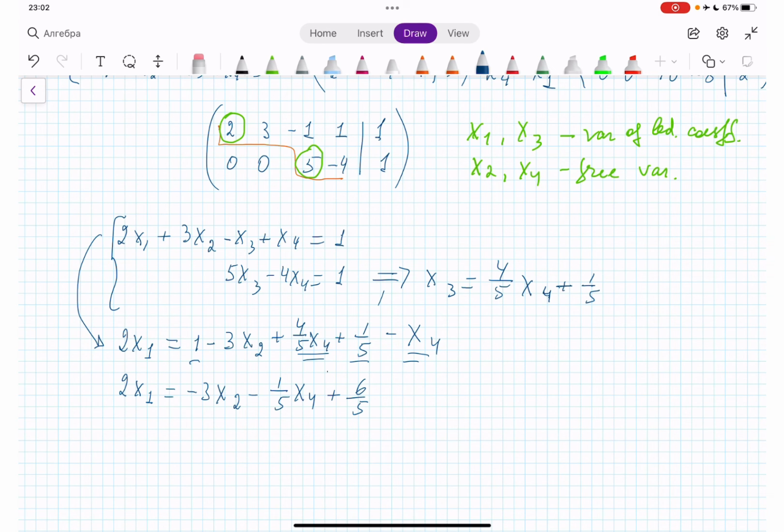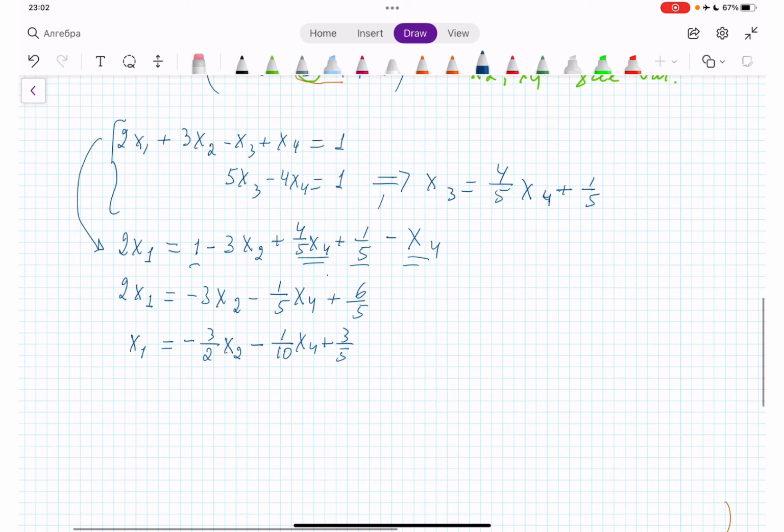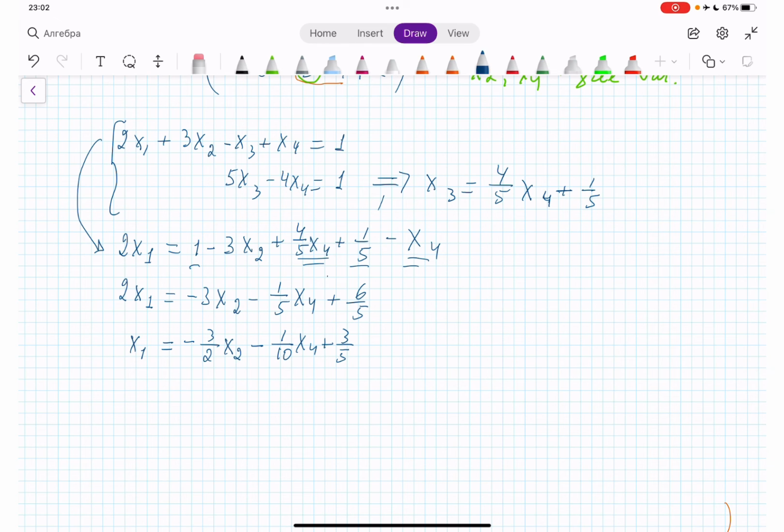And only then from here, x1 is equal to negative 3 over 2 x2 minus 1 over 10 x4 and plus 3 over 5. We divided everything by 2, right? So the result was what we needed.